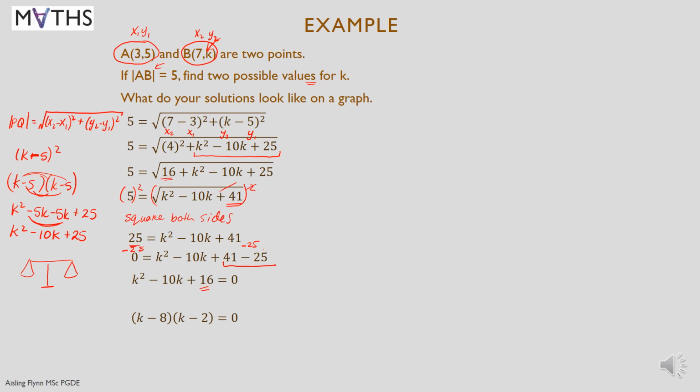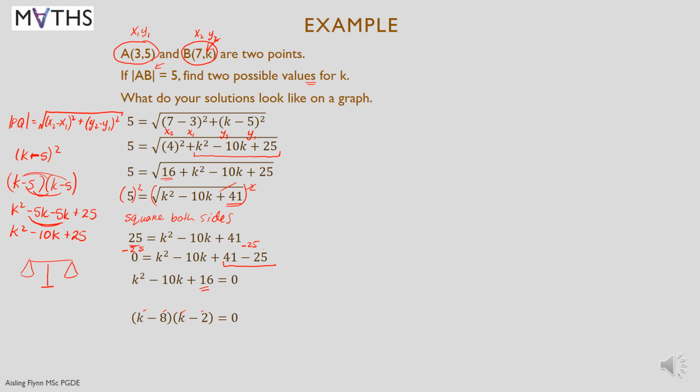So the factors of k squared are k and k. The factors of 16, I've chosen 8 and 2. We need them to add to give minus 10k, so minus 8 and minus 2 together will give minus 10, while multiplying to give plus 16.